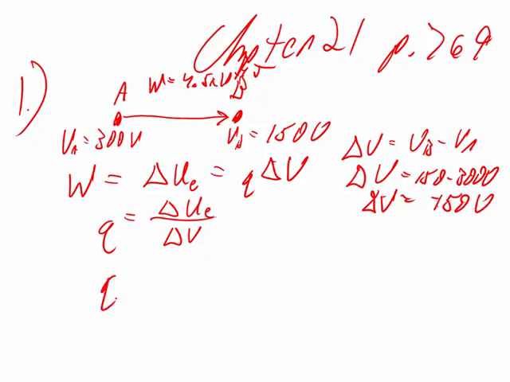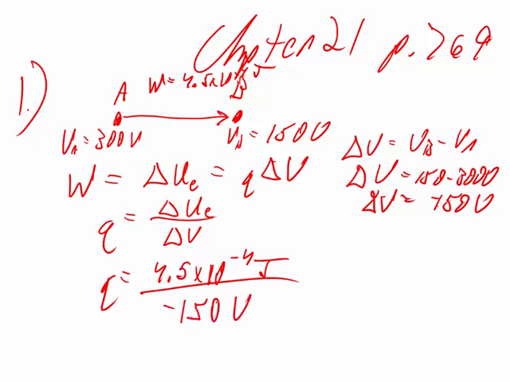Let's plug everything in now. Q is equal to the work, 4.5 times 10 to the negative 4th joules, divided by negative 150 volts. Let's calculate this because I know we sometimes round these answers.